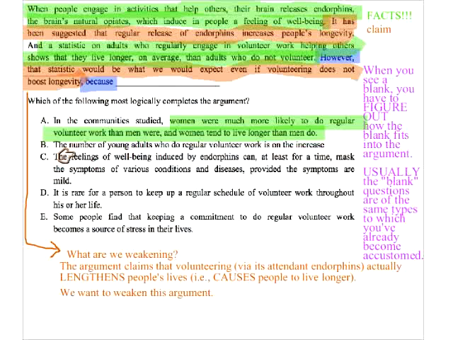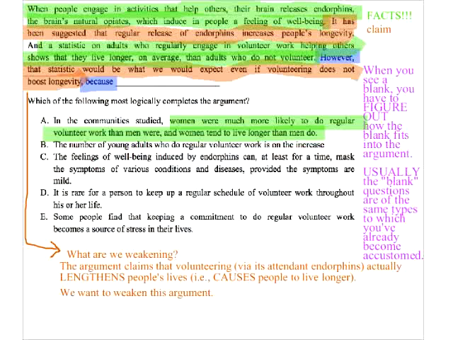But C is actually strengthening the argument because C is showing how this might happen. It has been suggested, people are just guessing that this is true. But C provides a definite path. C provides evidence that endorphins really do make you live longer. So C is actually a strengthener of the argument.